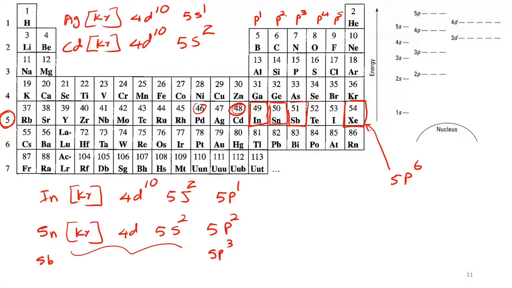Now you see this s and p filling order. And you can see certain areas of the periodic table are going to have p orbitals filling, and in other parts you have s orbitals filling, and in certain other parts you will have d orbitals filling.